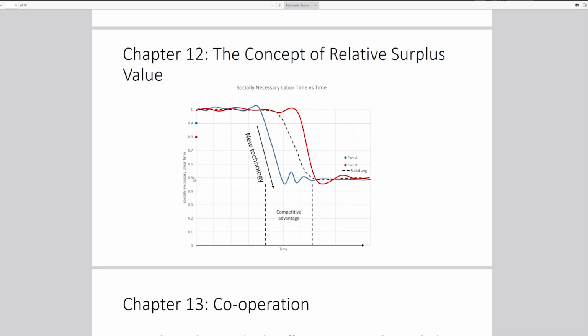So the value, which is basically just this column, the value is half. Because this new machine is awesome, it makes their workers more productive. So they have this period of time where they have a serious competitive advantage, which is pretty much what Marx was just describing in that little section there.